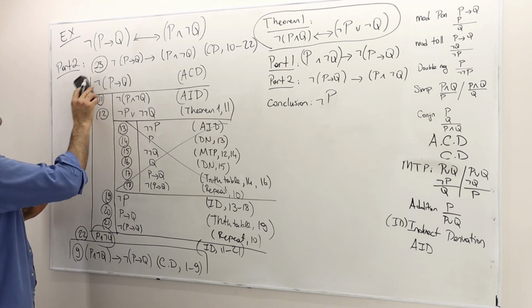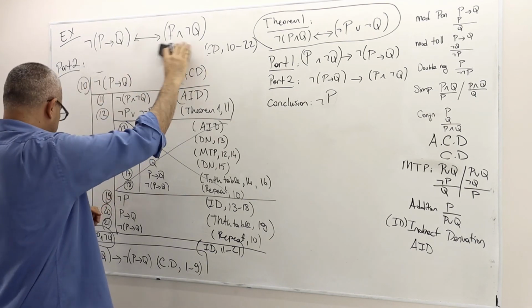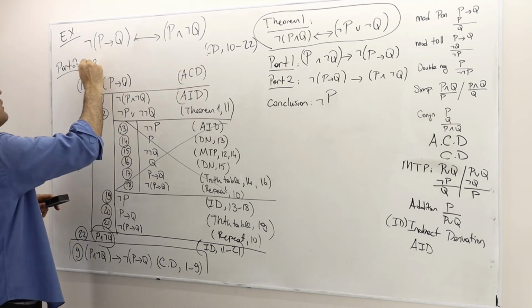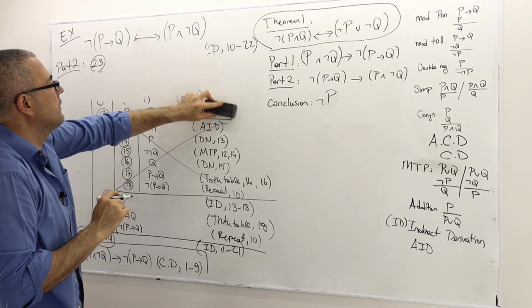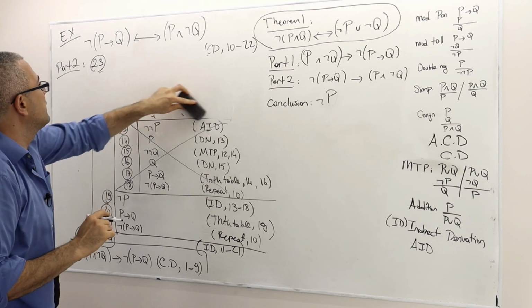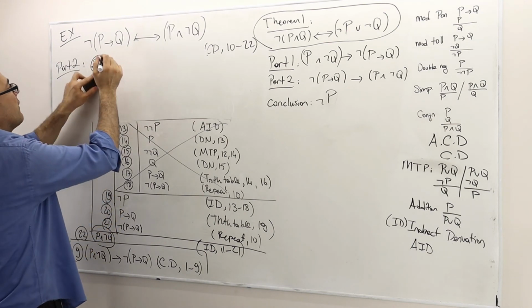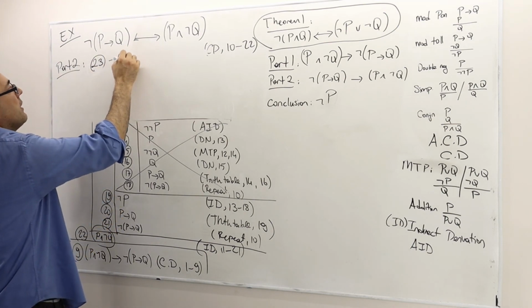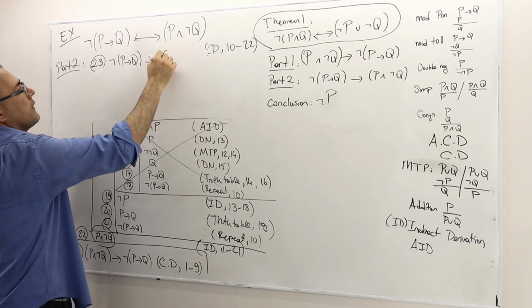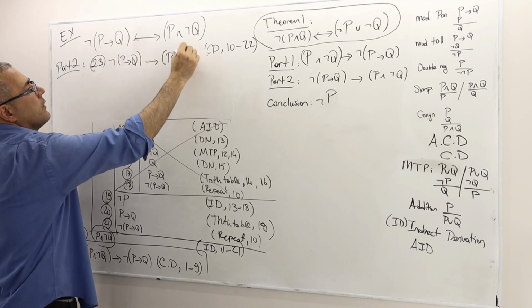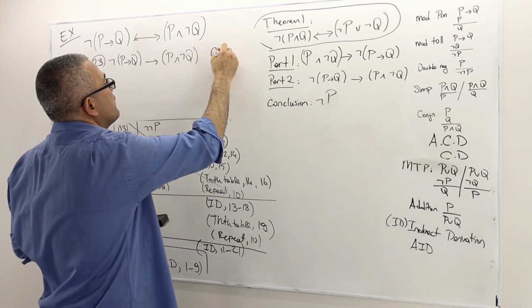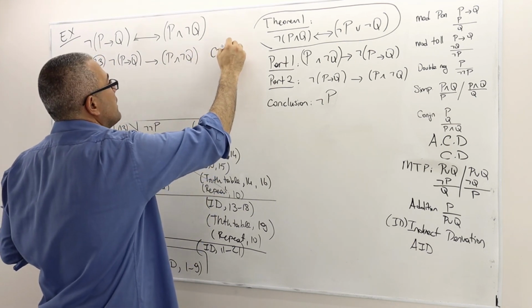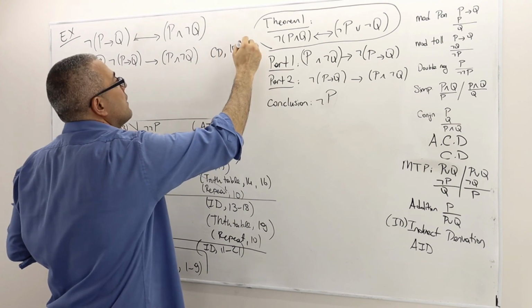So I'm going to erase all this. I'm going to call it line 23. Let me just erase this. So in line 23, I basically have the following: not P implies Q implies P and not Q. So this is thanks to conditional derivation between line 10 all the way to line 22.